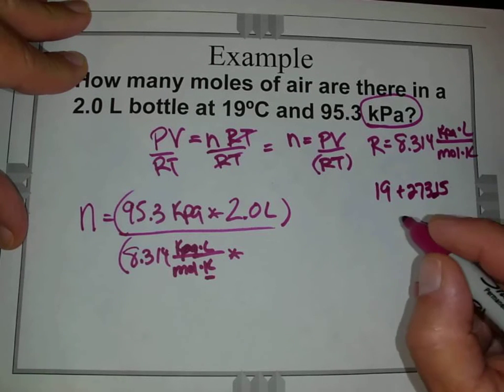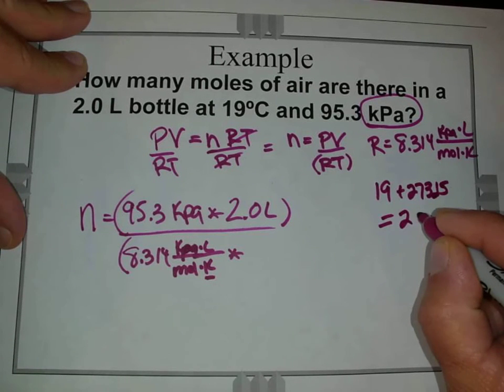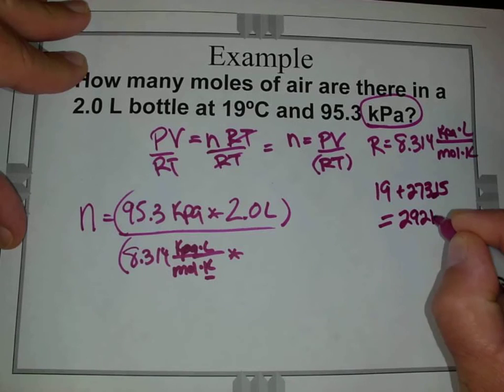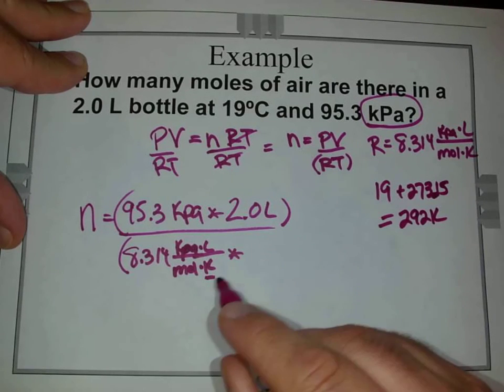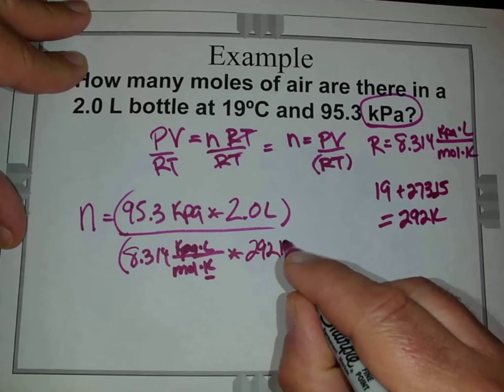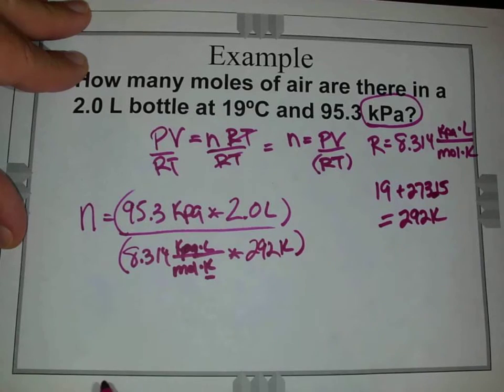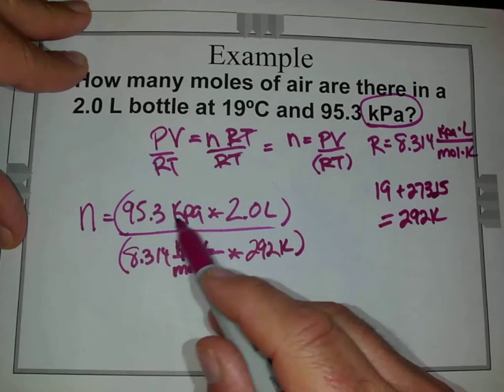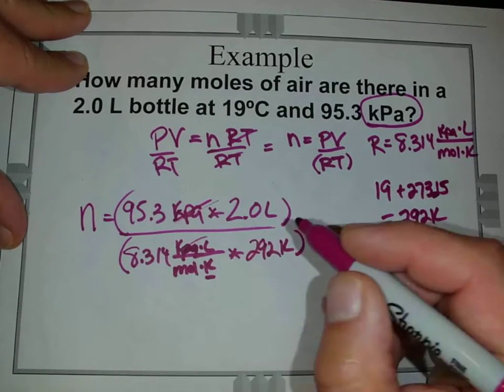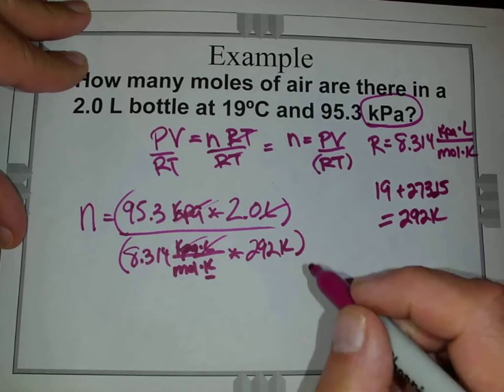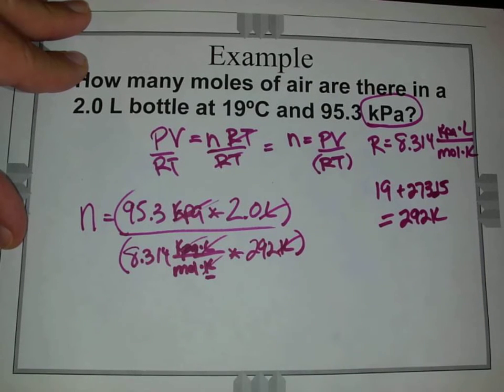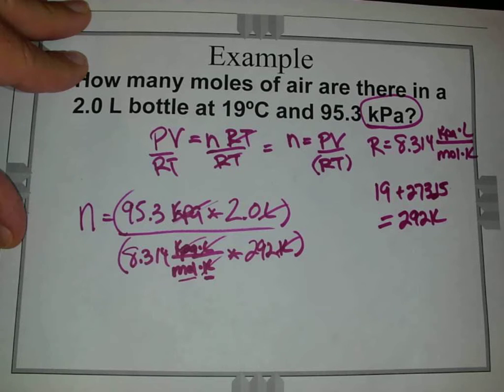I believe that comes out to be 292 Kelvin. So we plug in 292 Kelvin here. And look what happens. kPa cancels out, liters cancel out, Kelvins cancel out, and we're left with the unit that we're looking for, which is moles.